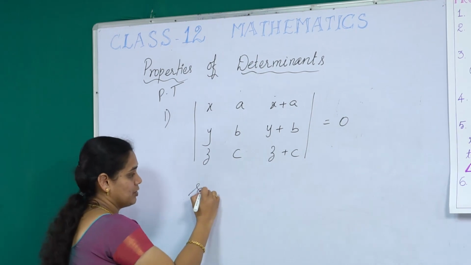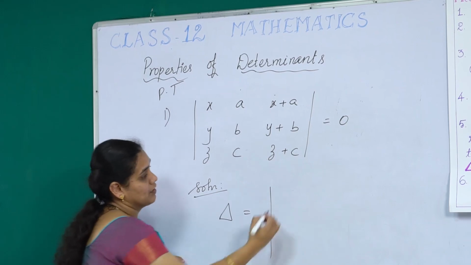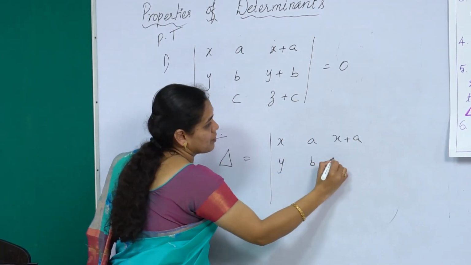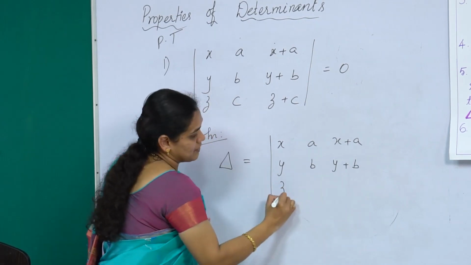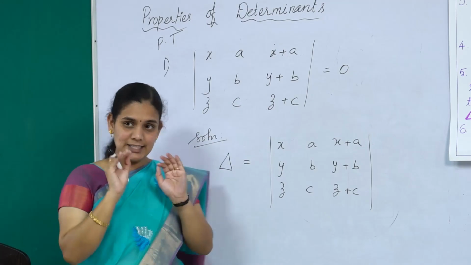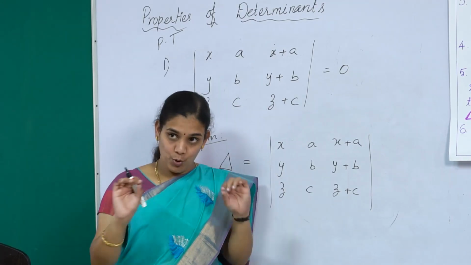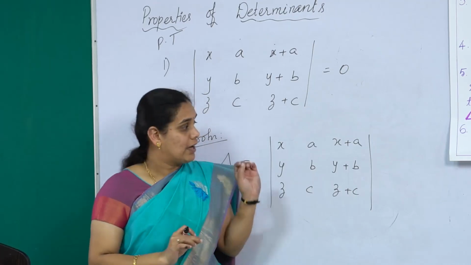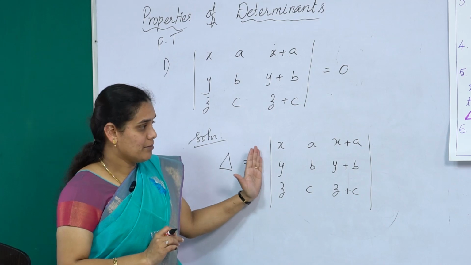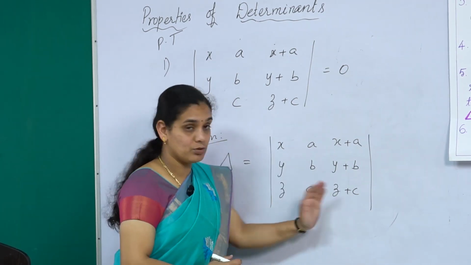Solution: let us take this determinant as x, x plus a, y, y plus b, z, z plus c. One easy step, I tell you: try to make any row or column have the same elements as other rows or columns.